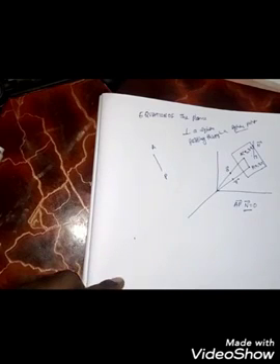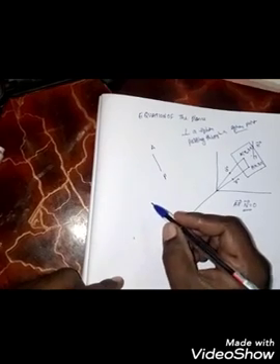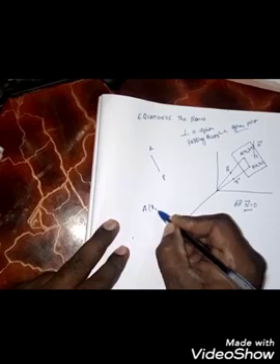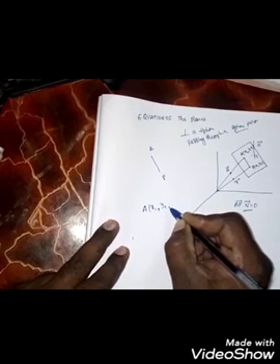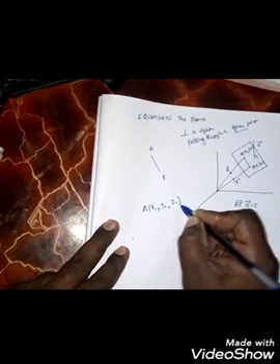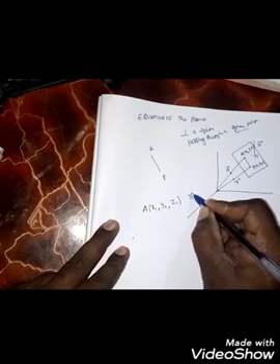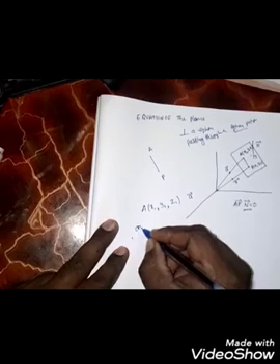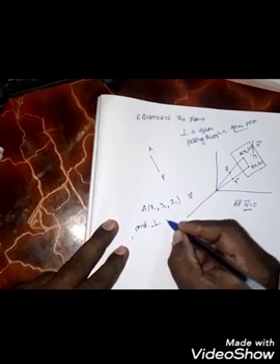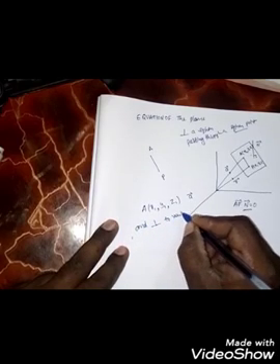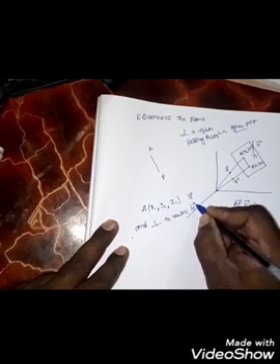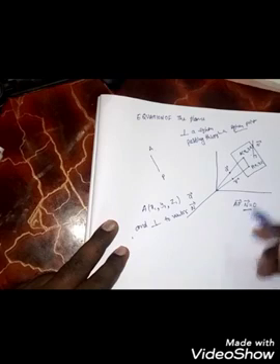Let a plane pass through a point A (x1, y1, z1) with position vector a bar, and perpendicular to a vector n bar. Okay, now this is passing through A and it is perpendicular to n bar.